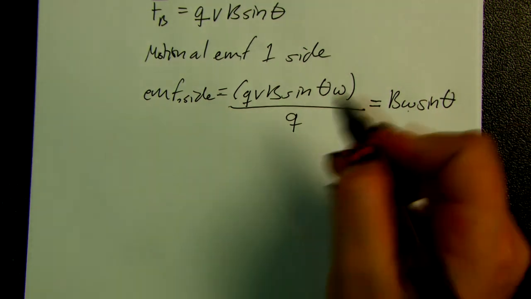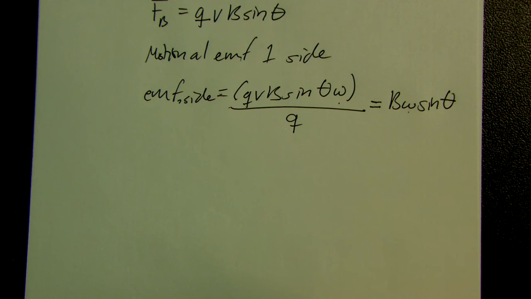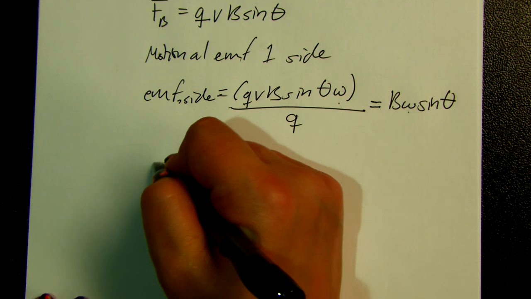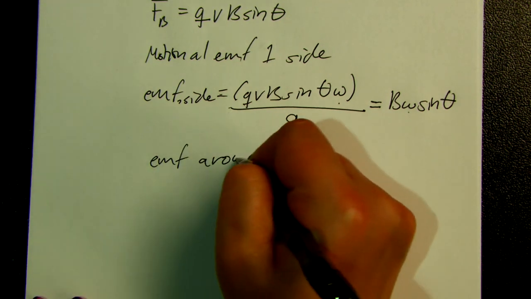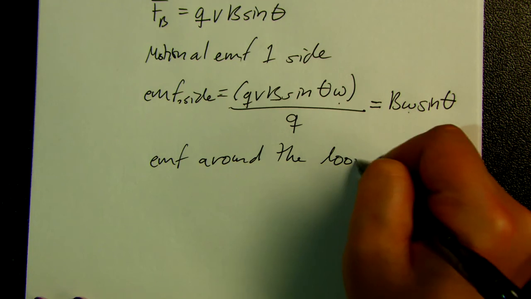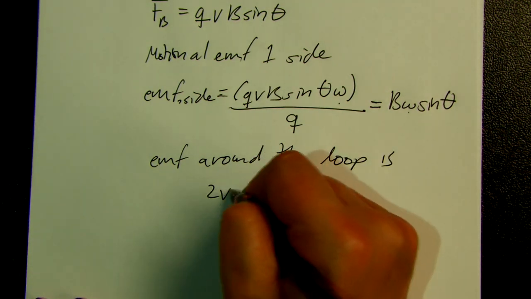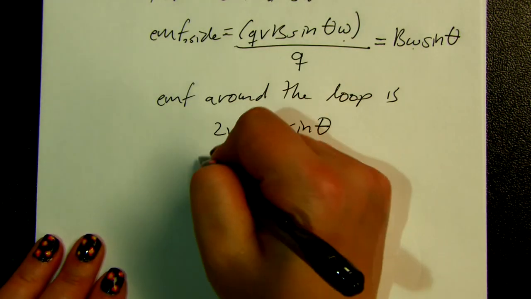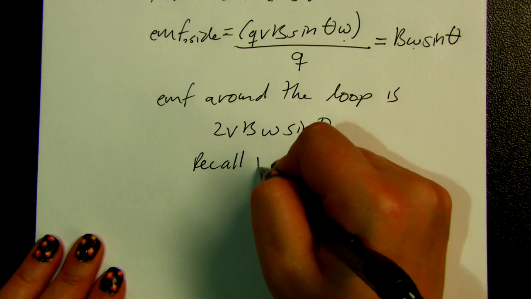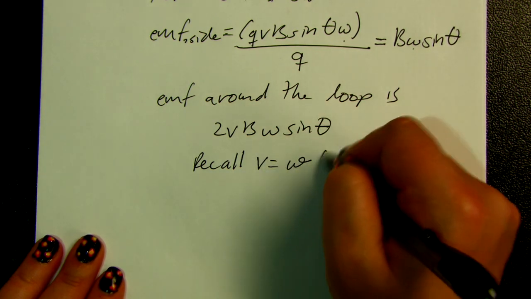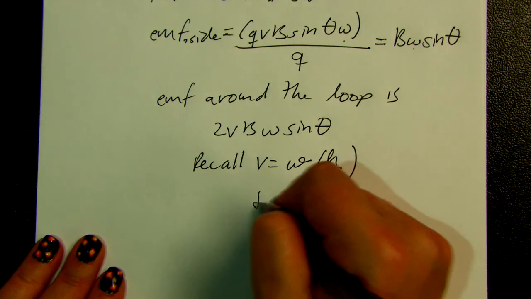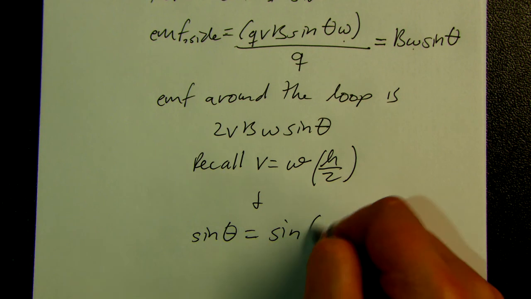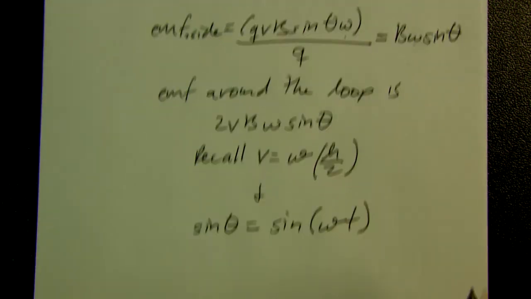Actually, that is a W, not an omega. And the resulting EMF around the loop is 2VBW sine theta. If you recall, our tangential velocity is equal to omega h over 2, and sine theta is equal to sine omega t.